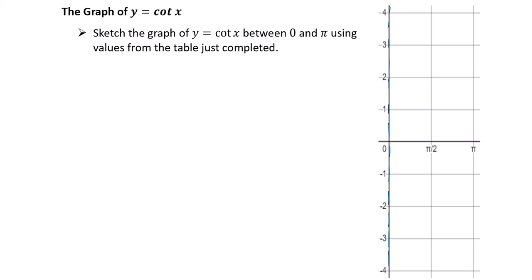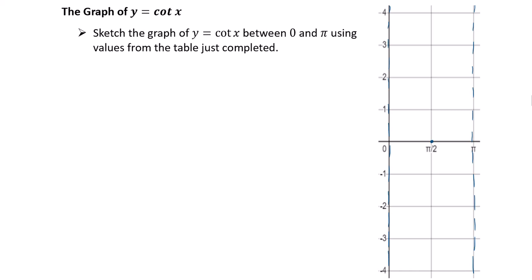I have another vertical asymptote at x equals pi. There we go. And then when I'm looking at my table of values at pi over 2, I'm at 0.